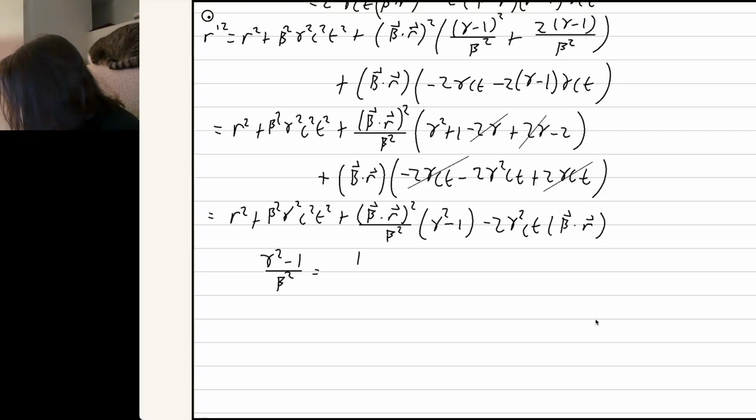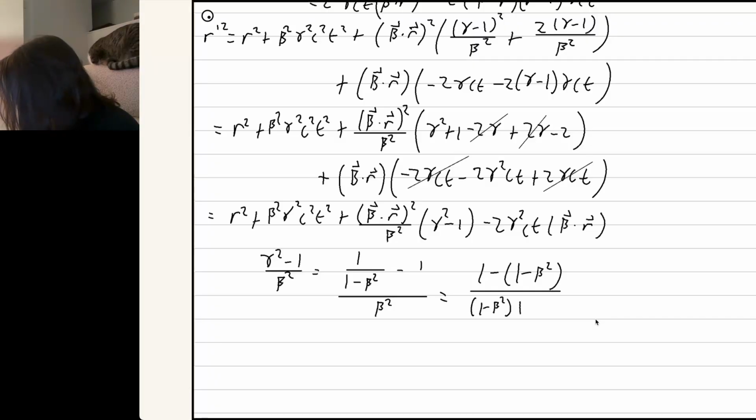Using the definition of gamma, this is 1 over 1 minus beta squared, minus 1, all over beta squared, which ends up being 1 minus (1 minus beta squared) all over 1 minus beta squared, which simplifies again.